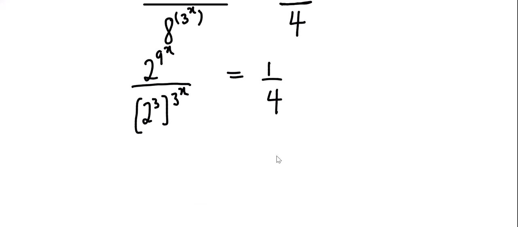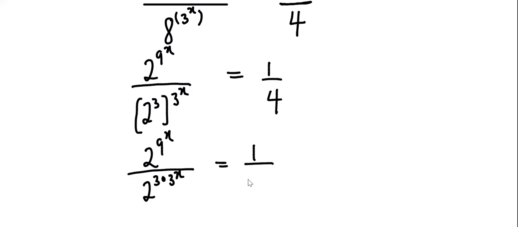So we have 2 to the power of 9^x divided by 2 to the power of 3 times 3^x equals 1 divided by 2 to the power of 2, which is equivalent to 4.